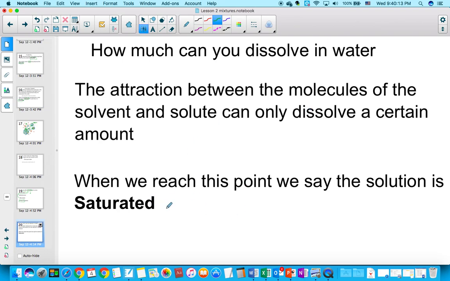When it cannot dissolve anymore, you say that the solution has been saturated. You've put too much solute in your solvent. You've put too much sugar in your water, and now the sugar is sitting at the bottom. So you can say that mixture is saturated. It's already full of solute. You can't add more because it won't dissolve. It'll just sink to the bottom.